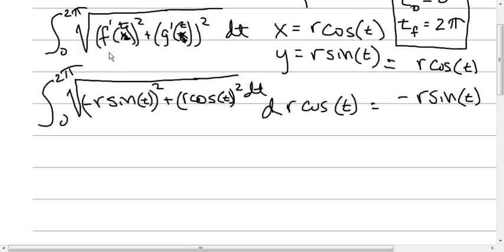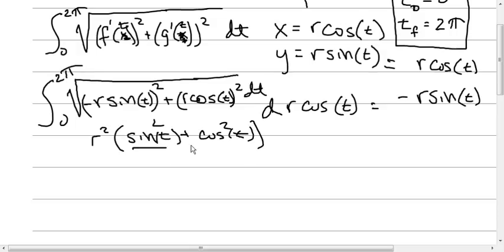Okay, so now we've plugged in our values, and we can go ahead and integrate. Now, before you jump in and start trying to integrate this, we might do a little bit of algebra and realize that we can reorganize this into being r squared times sine squared of t plus cosine squared of t.